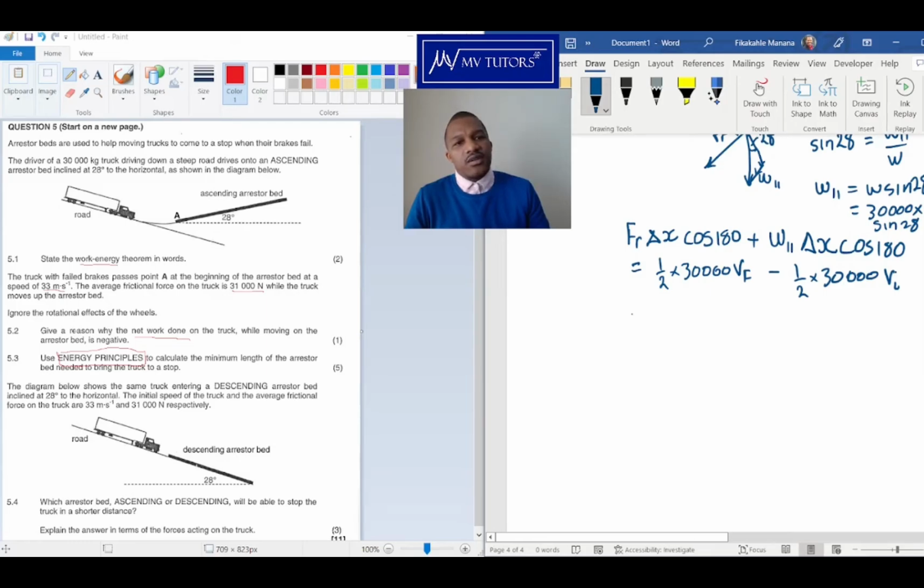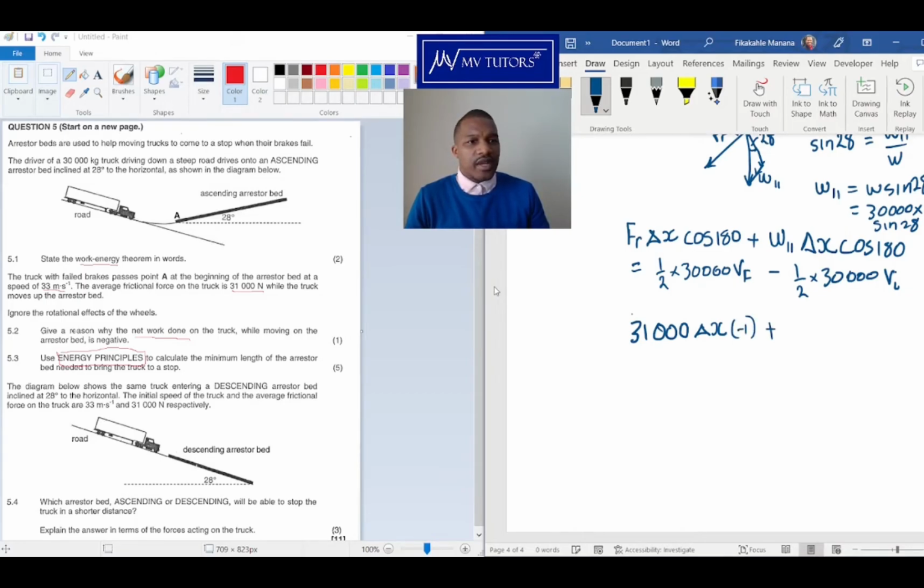That's going to be equal to, the force of friction. Let's start there. What's the force of friction? Were we given the force of friction? Let's see. Where is it? Ah, yeah, there we are, 31,000. So we've got 31,000 as the force of friction times the change in x, and then cos 180. I just know it's -1.